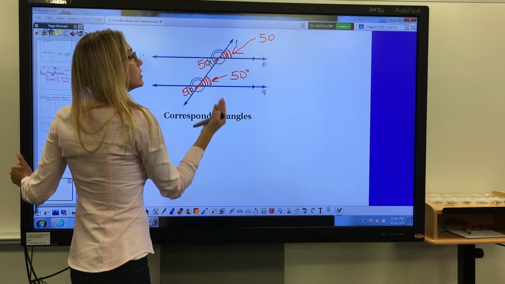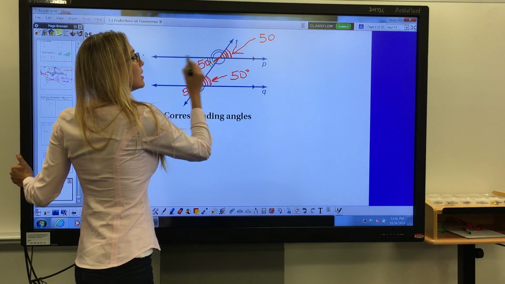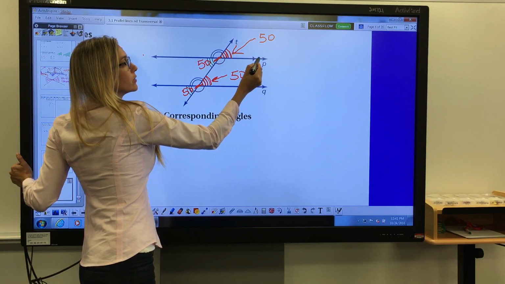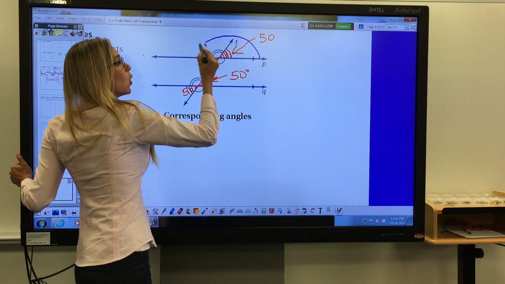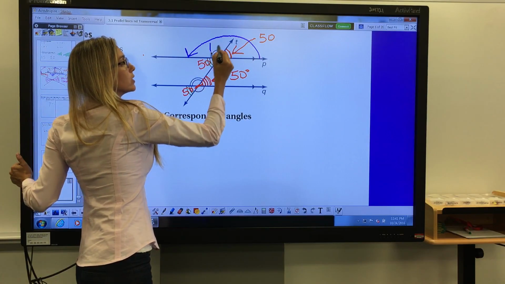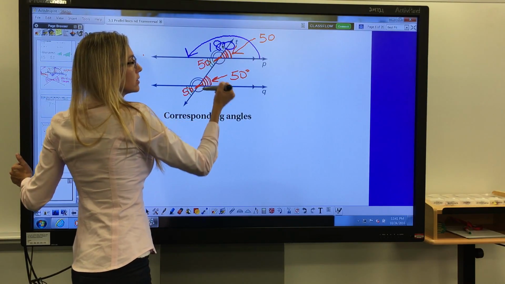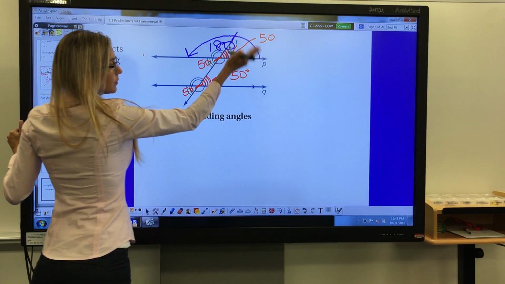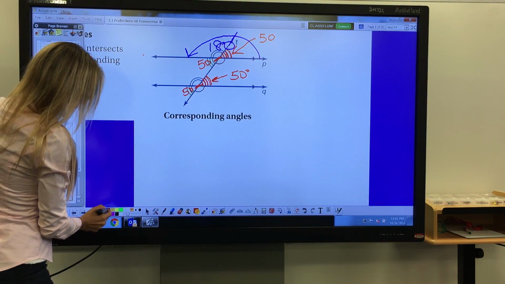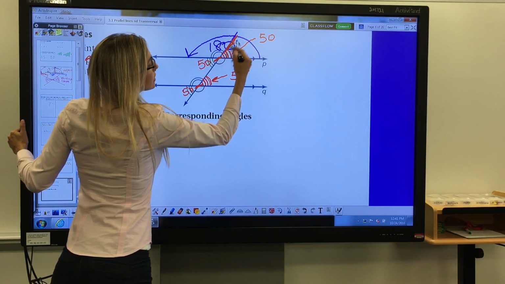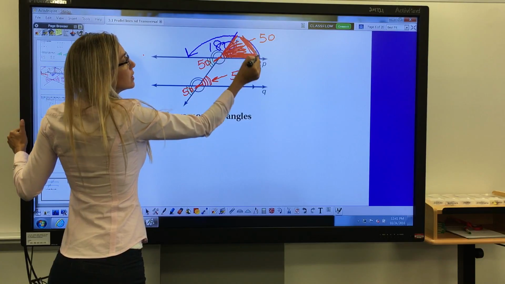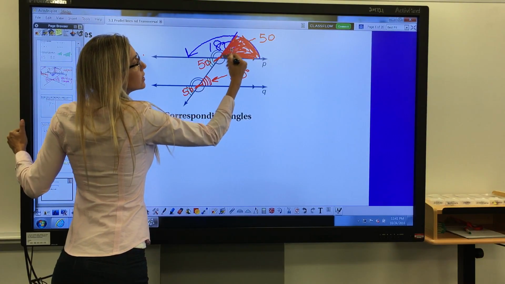Now, what else do we know? We know that a straight line is 180 degrees. That means from here all the way to there is 180 degrees. Now the question is, if the red angle in here is 50 degrees, what is that left over?